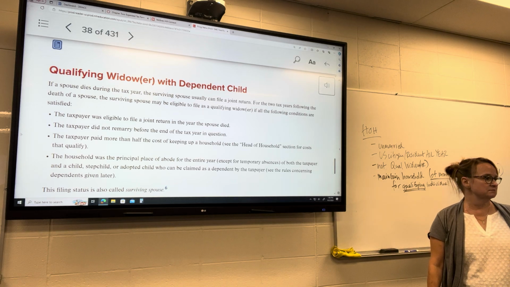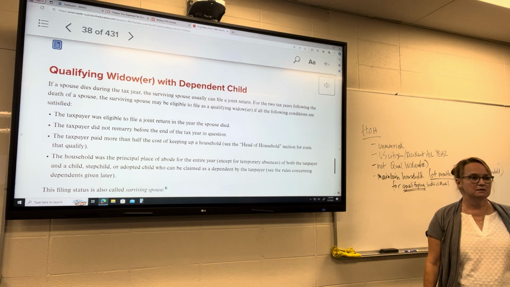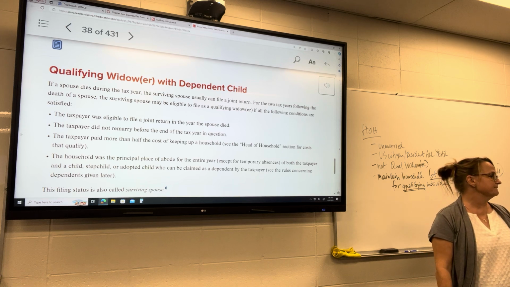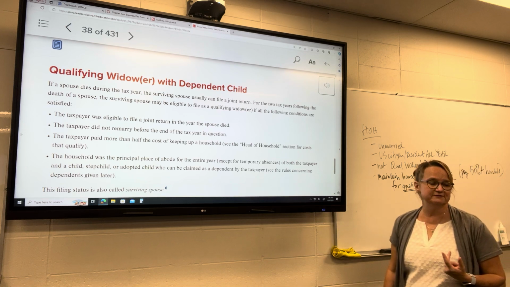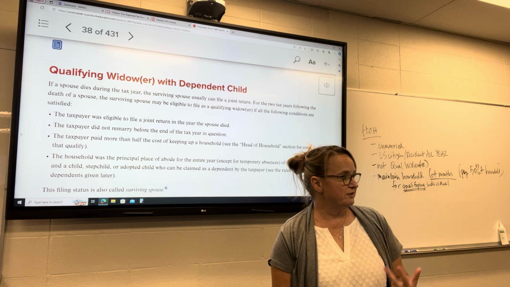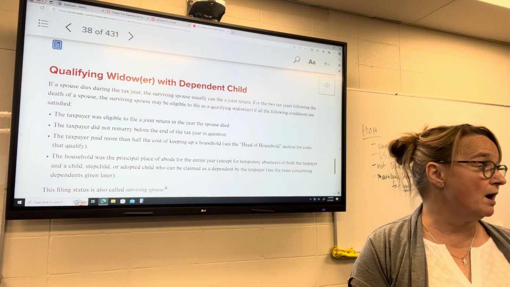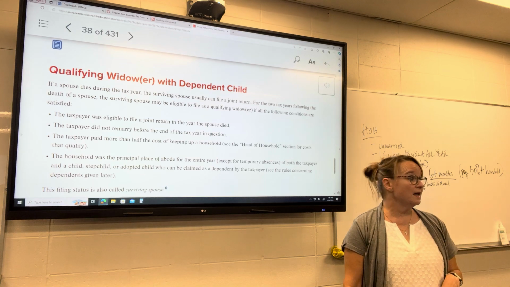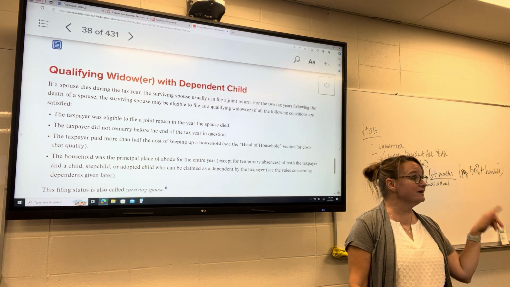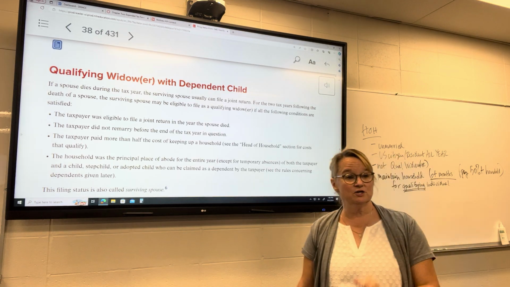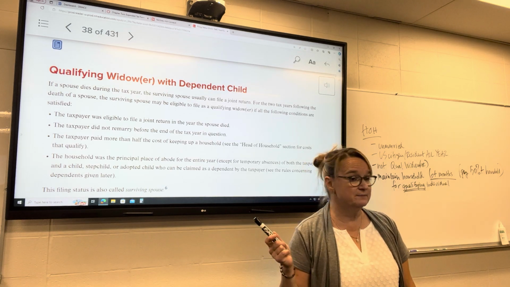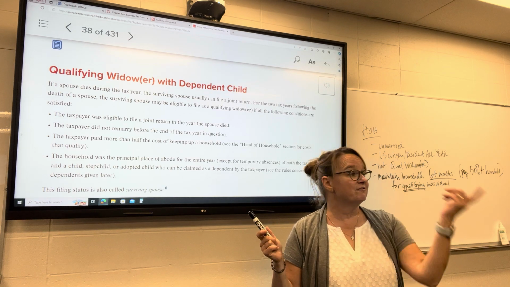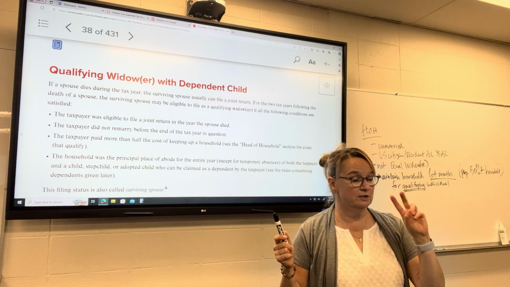So if dad dies, mom has 2 kids, they're dependent children. Dad dies on June 15th, 2024. In 2024, mom files as married filing jointly that year. But in 2025, mom gets to file as a qualifying widow with a dependent child. The following year, same thing. You get it for 2 years.